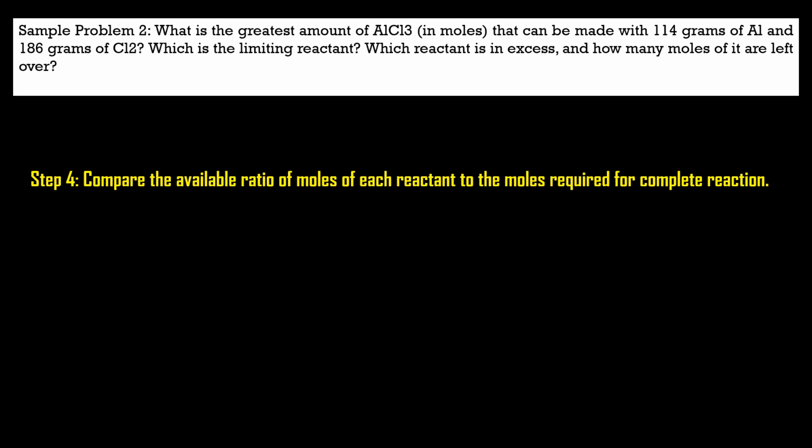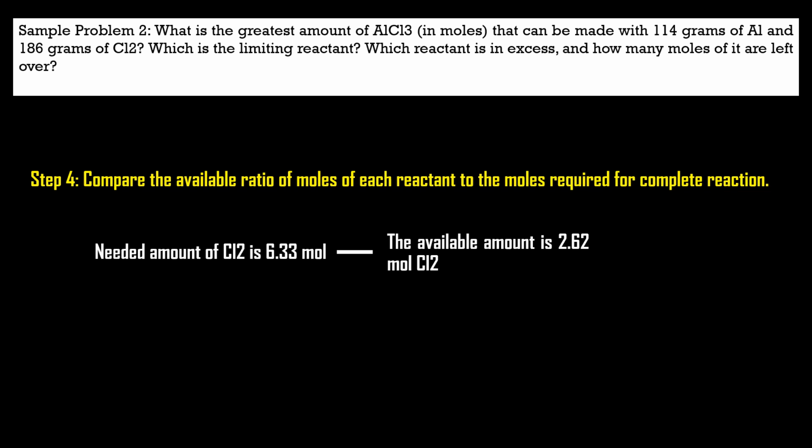Okay, for step number 4, we will now compare the available ratio of moles of each reactant to the moles required for complete reaction. Take note, in this step, we will be able to determine the limiting and the excess reactant based from the available amount and the needed amount. From our solution in step number 3, the needed amount of Cl2 in this reaction is 6.33 moles and the available amount is 2.62 moles.